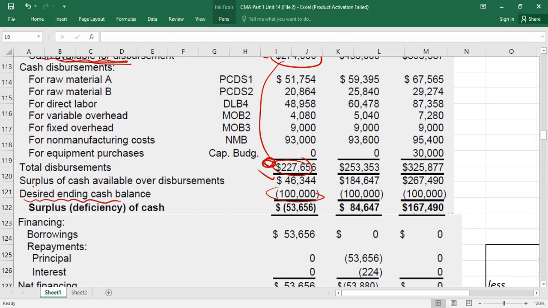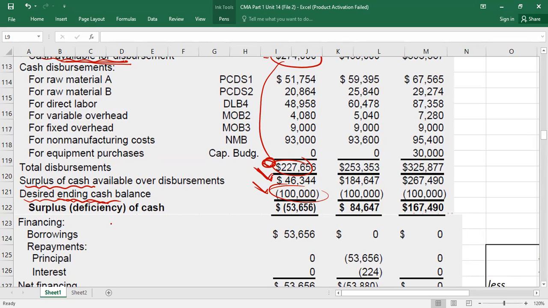So this was the surplus of the month. For example, surplus was 46,000 something. But I want to maintain ending cash balance 100,000. This will be given obviously. So I want to maintain 100,000, but surplus available is only 46,000.